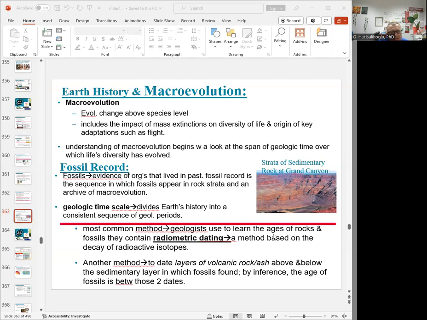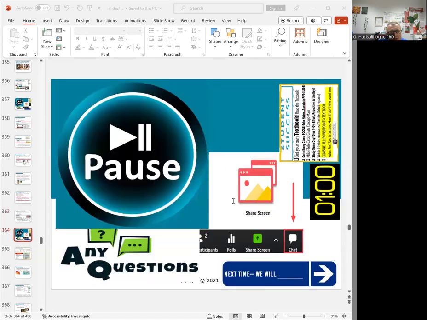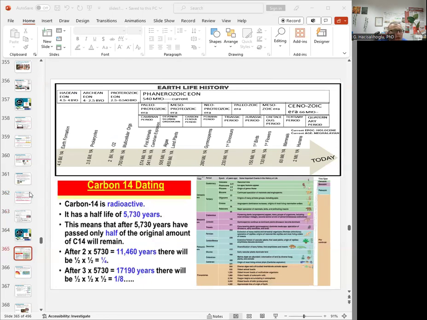There is a technique called radiometric dating. It is based on the decay of radioactive isotopes to determine the age of a specimen. Carbon 14 is one of the most well-known techniques, developed in the 1930s at the University of Chicago. Carbon 14 is a radioactive isotope of carbon. It's rare, but it has a half-life of 5,730 years.